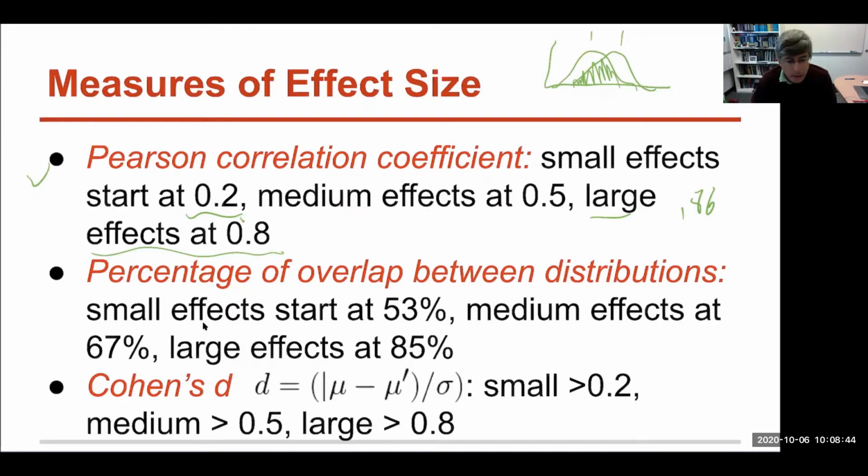Again, these are standard boundaries for what people consider to be impressive or unimpressive effects. Same thing with Cohen's d: the difference of the means divided by the standard deviation. If that difference is large enough, we would call that a large effect.